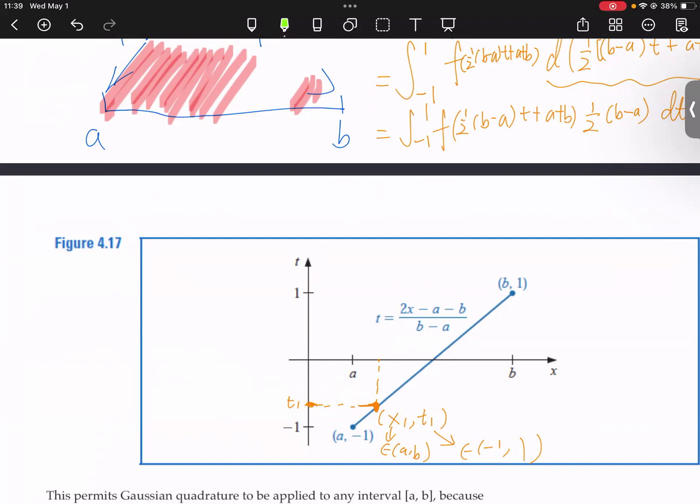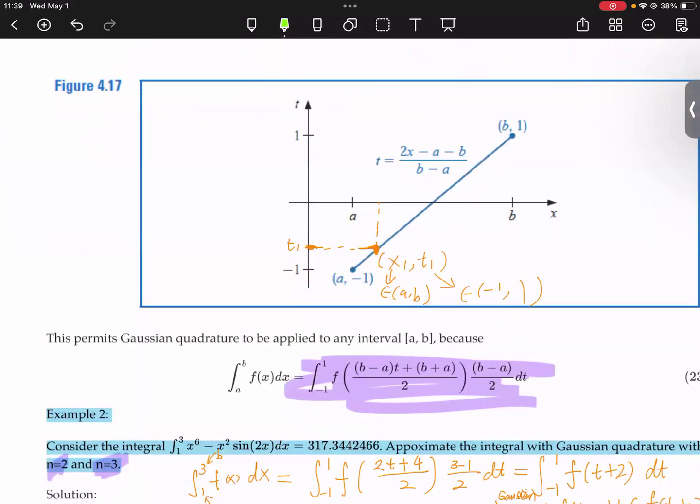If you take a look at this picture and connect the point A, -1 and B, 1 here, and write down the function by the slope point form, that's the mapping function. Does it make sense how we get the mapping function? It's just like connecting the points here and getting the function by the slope point form, or any form you like. So you write down the function of this line.